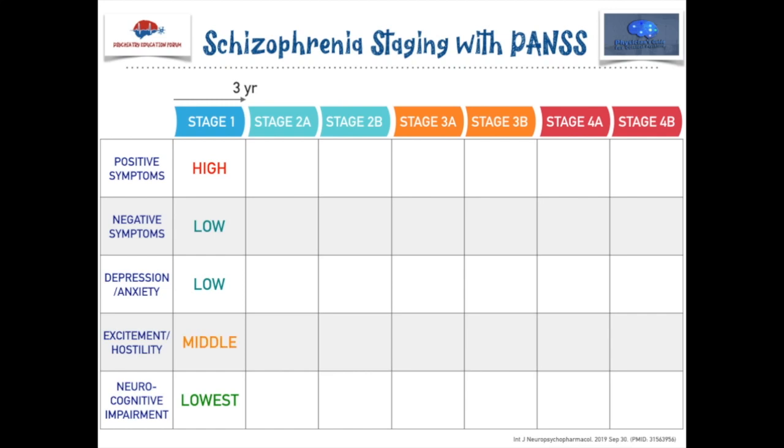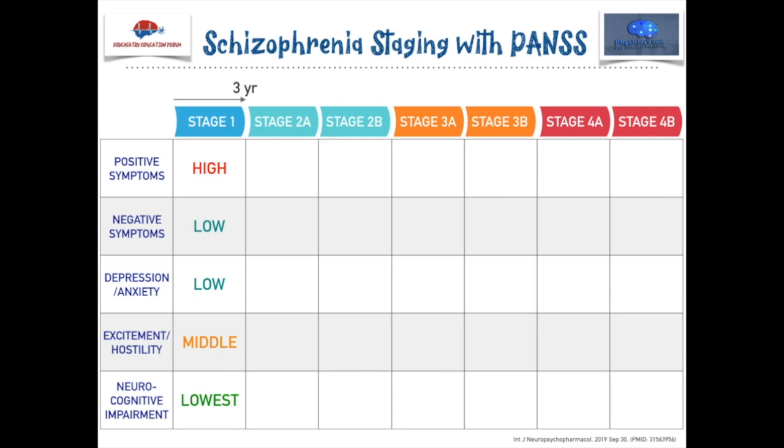But the excitement and hostility started to increase during this early phase, although less than the positive symptoms. And this stage will end when excitement and hostility replaces the positive symptoms as the dominant symptoms.